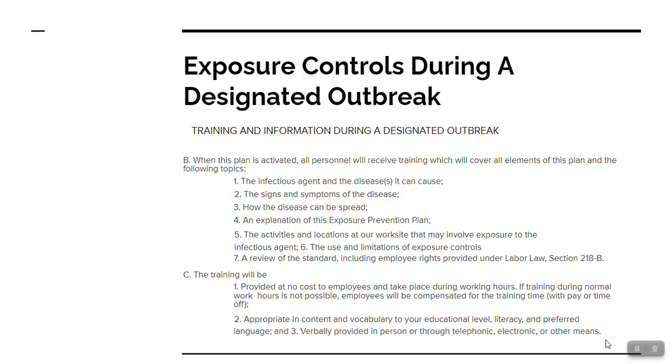Now, when this plan is activated, and it has been, all personnel will receive training which will cover the elements of this plan and the following topics: infectious agent and the disease it can cause, the signs and symptoms of the disease, how the disease may be spread, an explanation of the exposure prevention plan, the activities and locations at our worksite that may involve exposure to the infectious agent, the use and limitations of exposure controls, review of the standard including the employee rights provided under Labor Law Section 218-B.